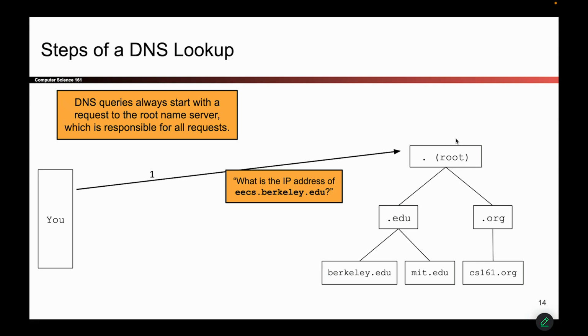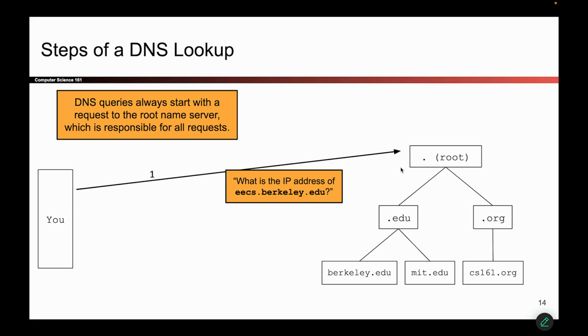And usually what computers will do is hard code the IP address of the root name server. So everyone knows where the root name server is. It's hard-coded into our computers. If you don't know, you can just ask around. Someone's going to know it. It's a piece of public information, like asking what planet we're on or who the president is. It's just a piece of information that everybody knows.